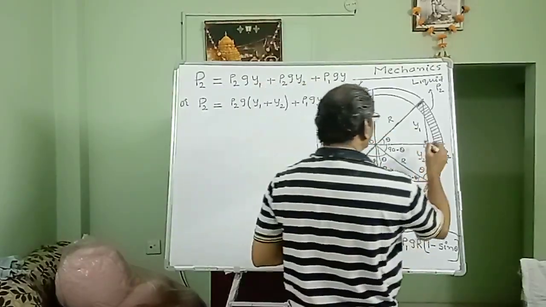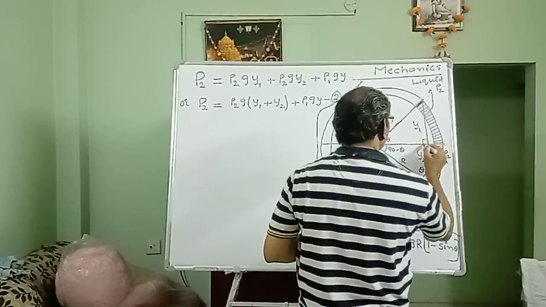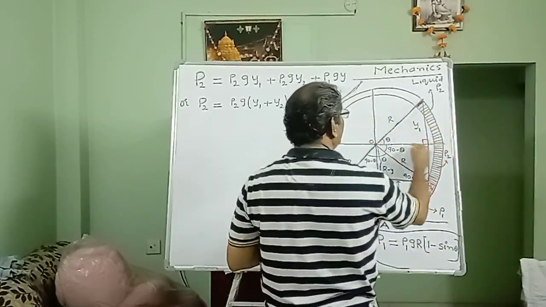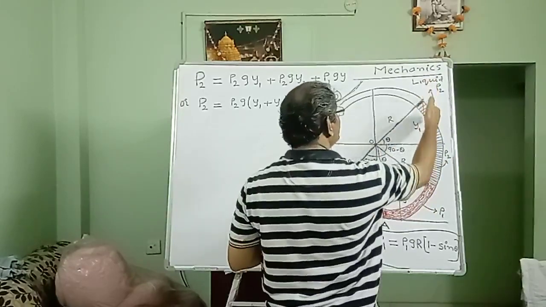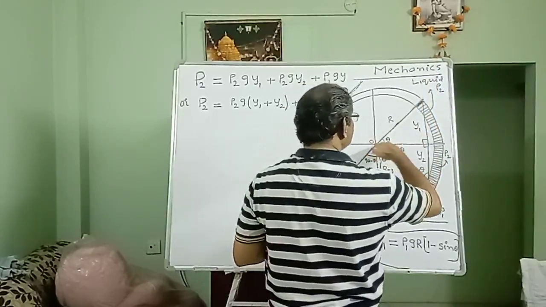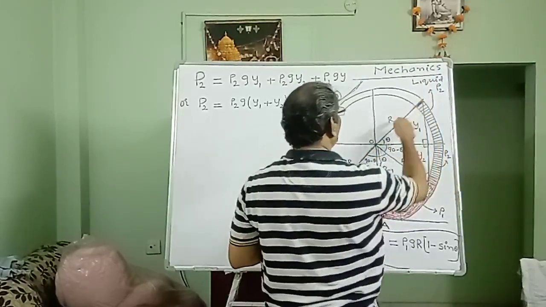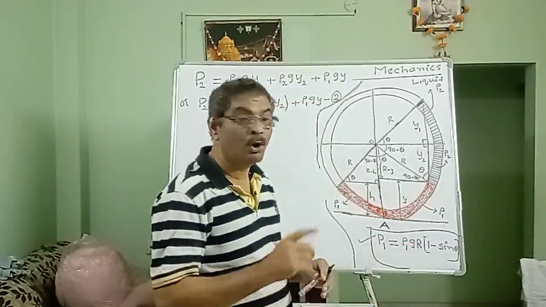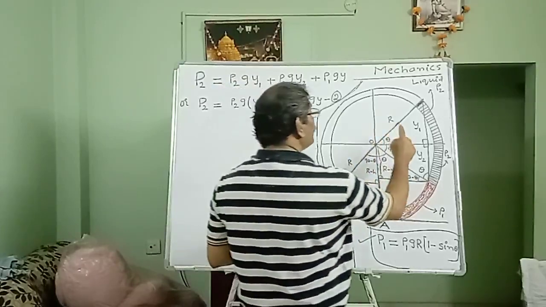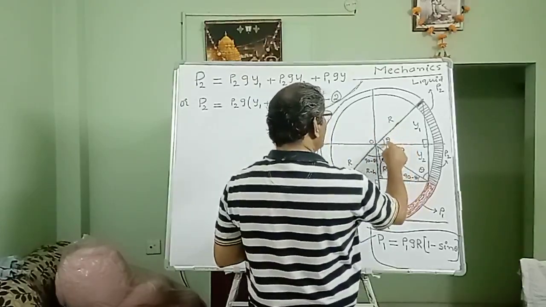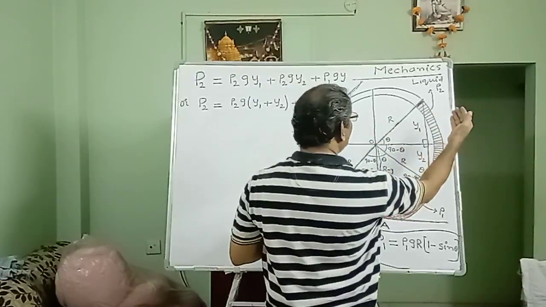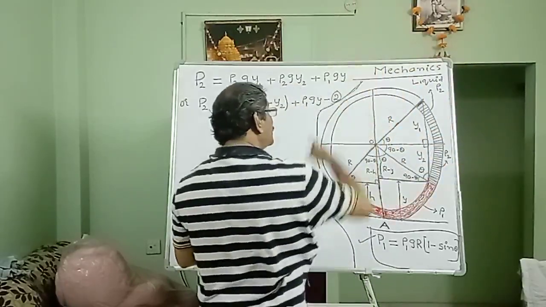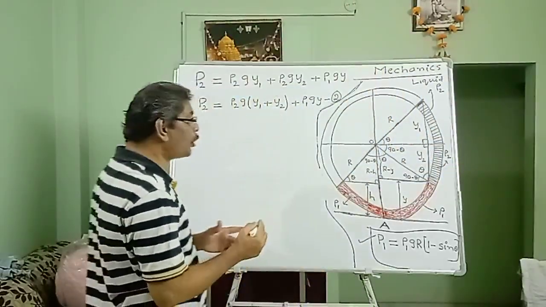Once again, if you look in this right angle triangle, this will be opposite, this will be adjacent, this will be hypotenuse. Now find the value of sine theta, that will be numerically equal to opposite divided by hypotenuse.